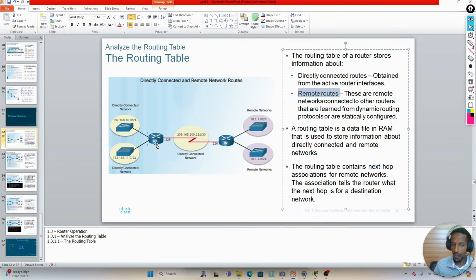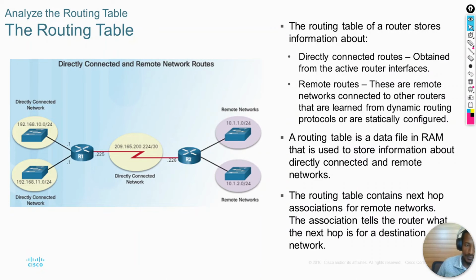For example, for router 1, you can see that these three networks, these three cables, this cable, this cable, and this cable, are called directly connected networks. But the other cables are not connected ones. So we call these three cables directly connected networks for router 1.